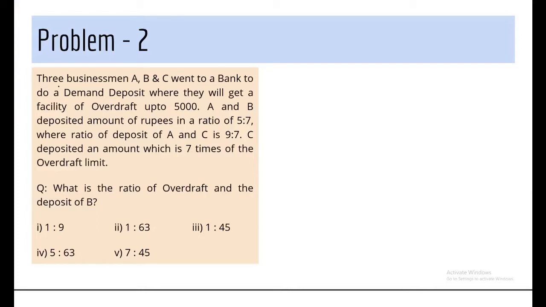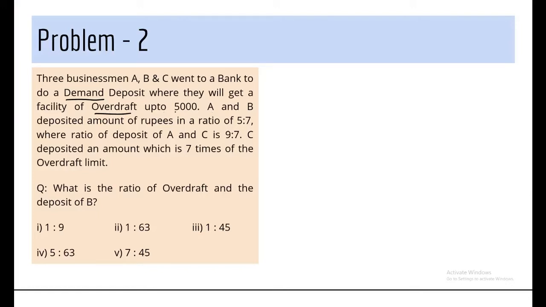Three businessmen A, B and C went to a bank to make a demand deposit. Here we have another new term, demand deposit, where they will get a facility of overdraft, another new term, up to 5,000. This is the banking term for a demand deposit.